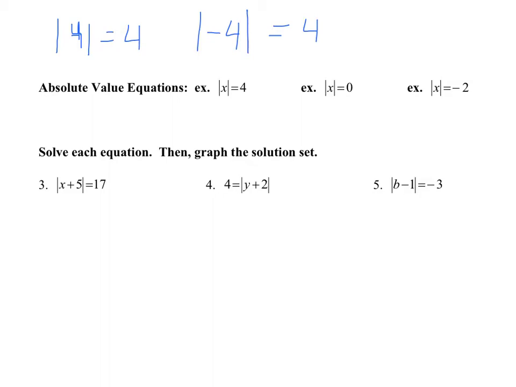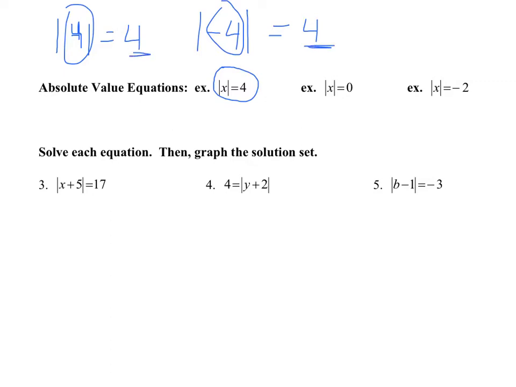Leading into that, we're going to look at 3 different examples right here. These give us 3 different types of solutions. This first one, where we have the absolute value of x equals 4, gives us 2 solutions, and I pretty much just proved it. When you took the absolute value of 4 and -4, it gave us 4.